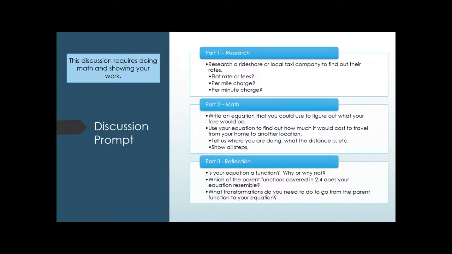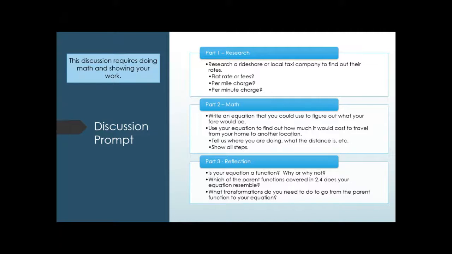With a taxi, since they usually just do per mile, it's pretty easy. You can get an equation, and it actually tends to be a linear equation, where if they charge $1 per mile, then that would be your slope. So you can use y equals mx plus b, and the flat rate would be your y-intercept, your starting amount.